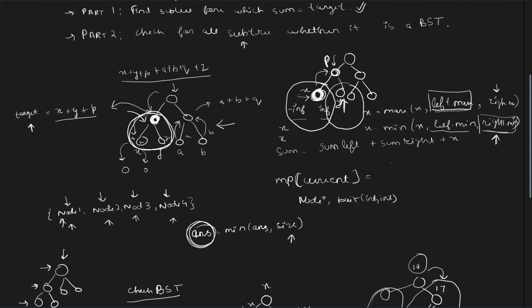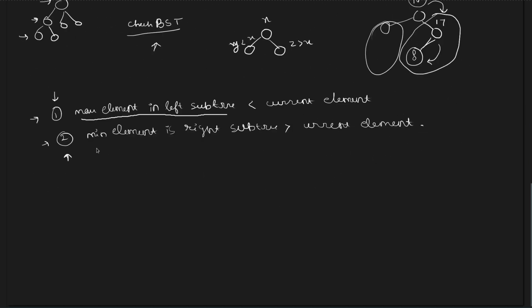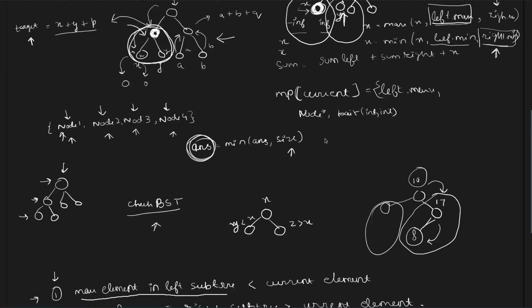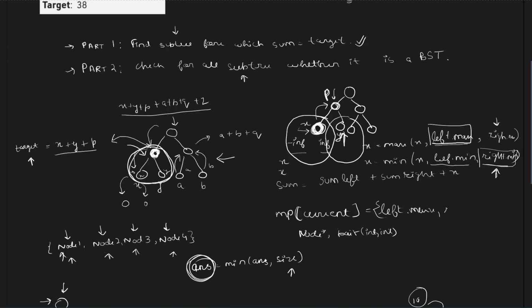So I need this information, so I'll store in the pair left.max. For every node I am doing this, and for the right subtree I am storing the minimum element. So I'll be storing right.minimum. And while I will be checking the BST, I can just check whether this value is true or not, right?